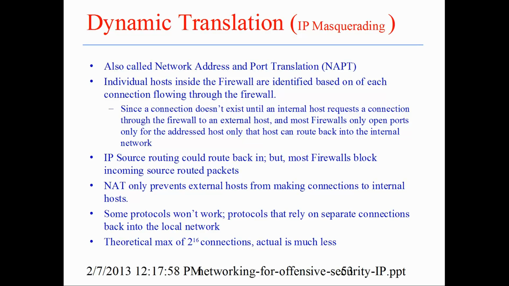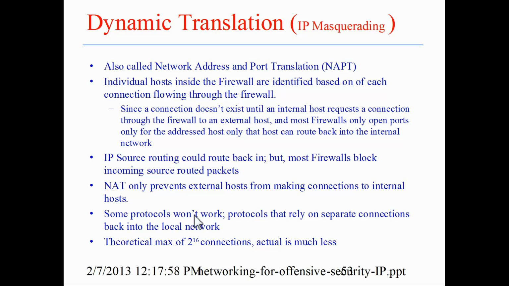And this breaks many protocols that require connecting back to the user, such as IRC, and one of the ways around this is UPnP, and a lot of malware and a lot of botnets use UPnP to open up ports to be forwarded to their compromised host, so an attacker can directly talk to them.